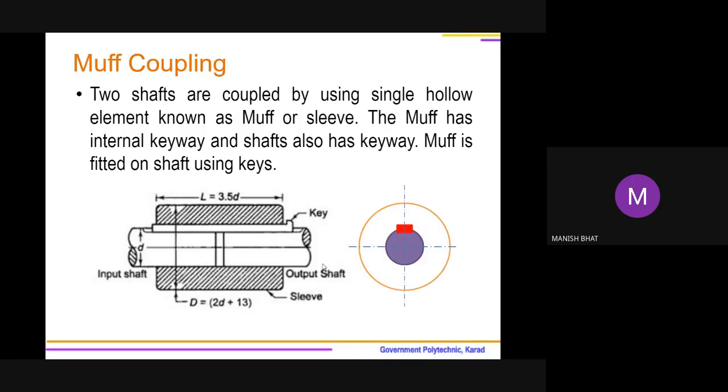Whereas flexible coupling allows some misalignment. Some misalignment is permitted. It means that there may be some angular rotation permitted, or angular inaccuracy is possible. So bush pin type coupling is such a coupling in which some angular misalignment is permitted.